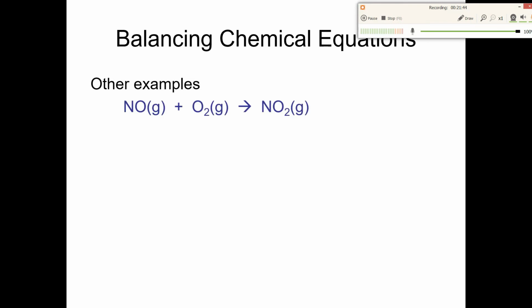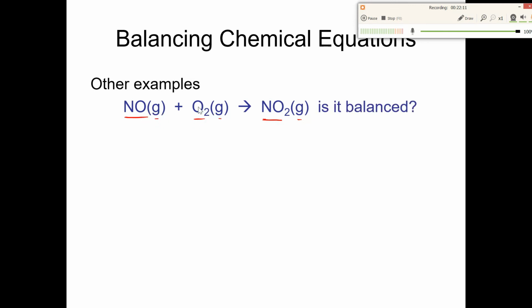Let's have some more examples. Here, nitrogen monoxide, that is NO, is reacting with oxygen to form nitrogen dioxide. All three are in their gaseous states. But is this equation balanced? No. The number of nitrogen atoms on both sides is the same, but oxygen is not balanced.